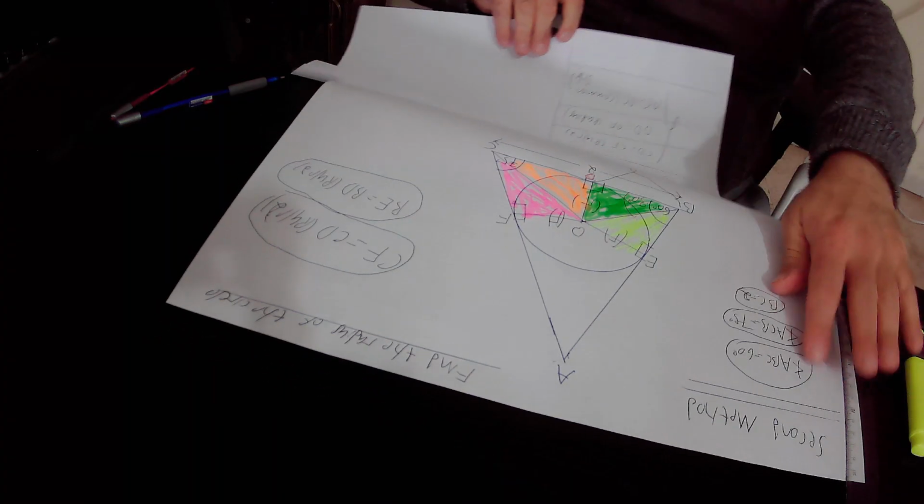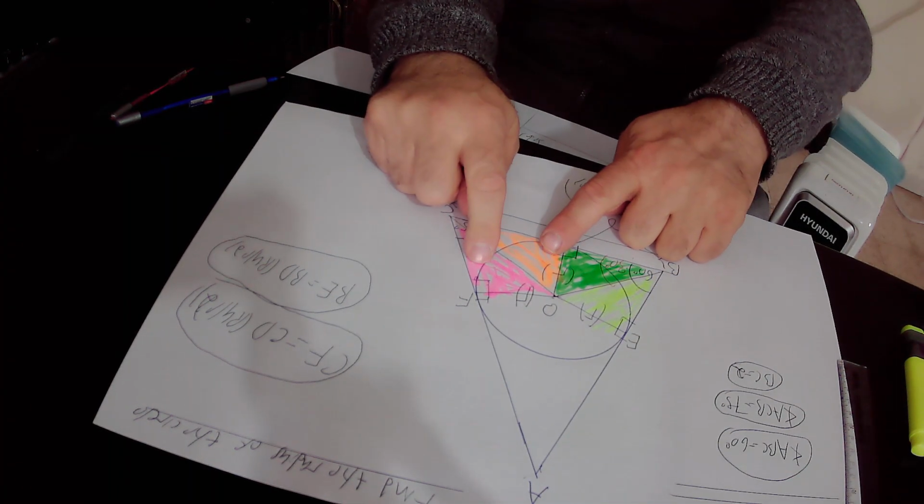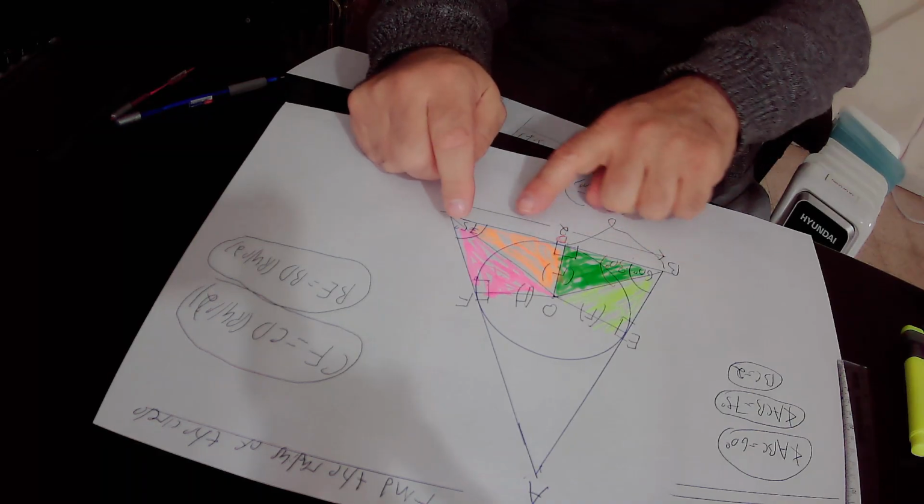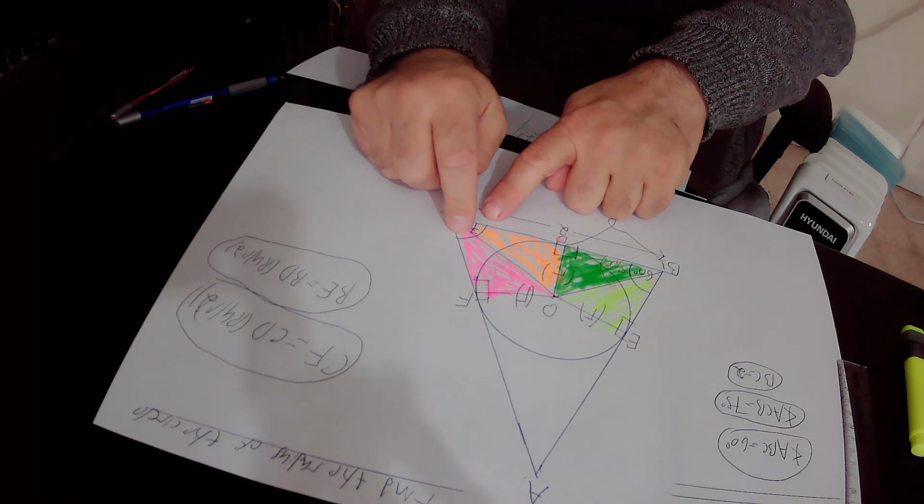And for the fact that those two triangles can go into each other, we derive that those two angles are equal to each other.